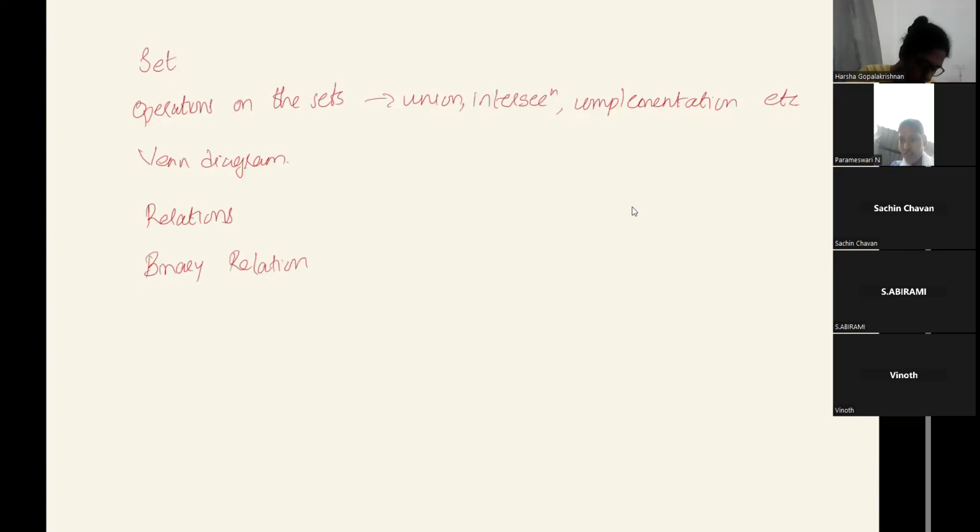And equivalence relation. What is equivalence relation? Can anyone tell what is equivalence relation? If a relation has some properties, then it is called an equivalence relation. What are the properties required for an equivalence relation?